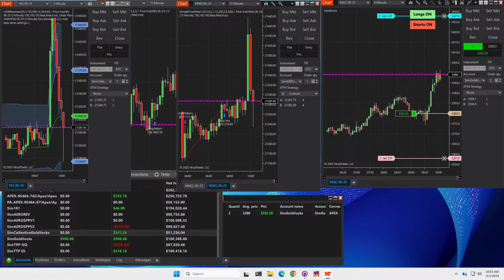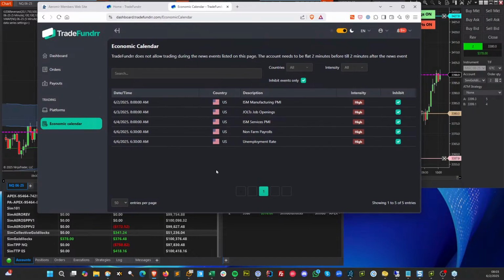So an interesting thing with Trade Funder, I like those guys. They have this economic calendar, and these are high impact events, they call them, that you're not allowed to trade 2 minutes before or after. You have to be flat going through the report.